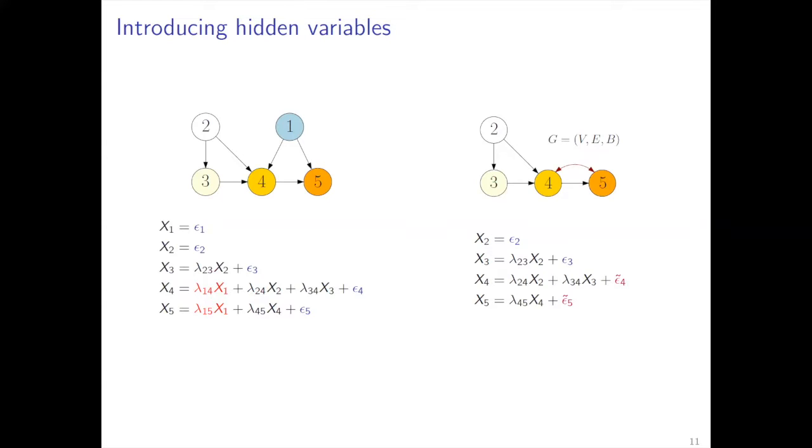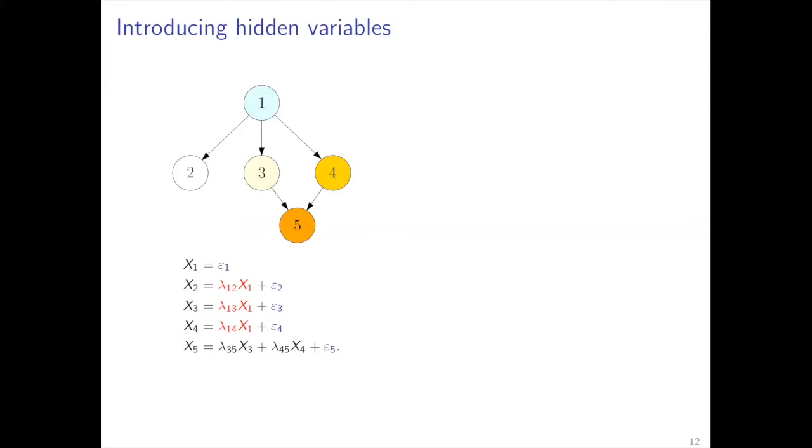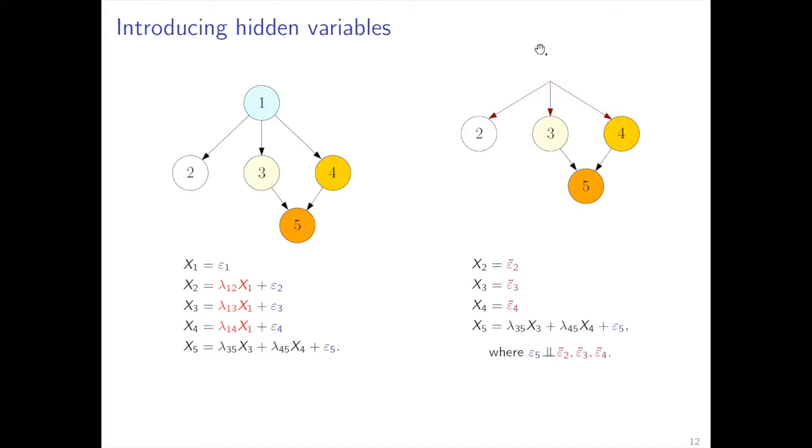But we'll also study situations where the hidden variable has more than 2 children. So if you have this model and we don't observe variable 1, then we can denote the graph like this with a multi-directed edge. It's a 3-directed edge where x2, x3, and x4 are just noise, but these noise terms are dependent, and x5 still has its noise term, but it's independent of the other noise terms.